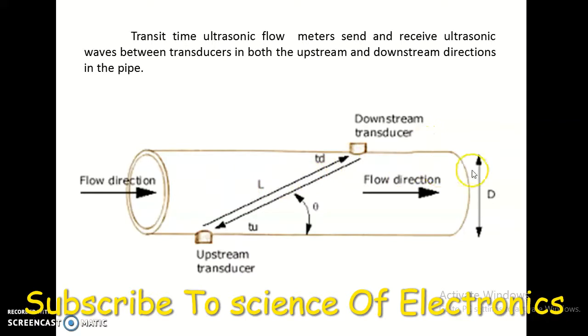Our flow direction is in this direction, and the signal is traveling against the flow. If the rate of flow or fluid velocity is large, there is a large difference between upstream time and downstream time. Upstream time must be low and downstream time must be very high.